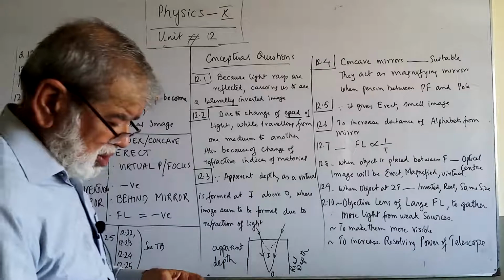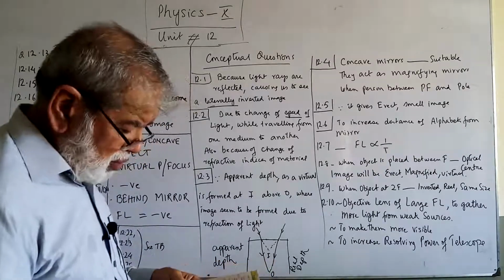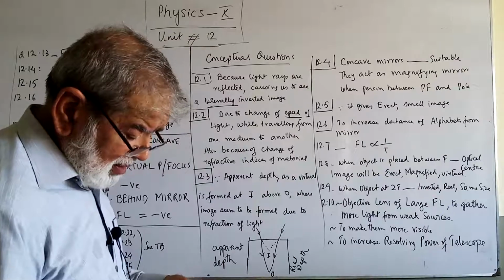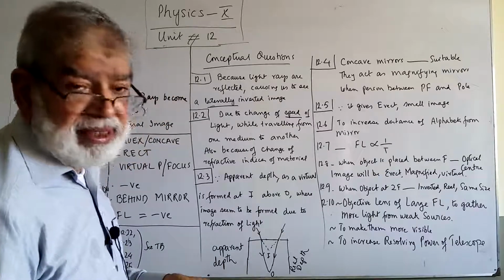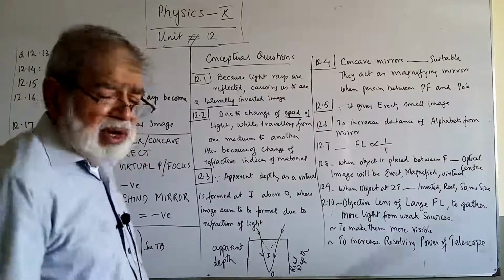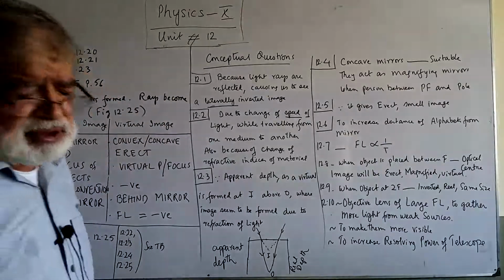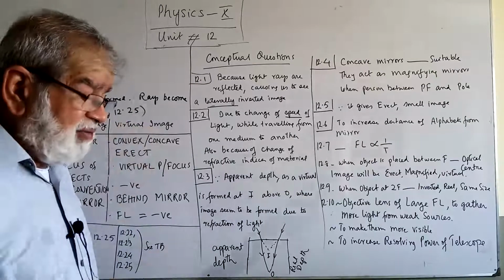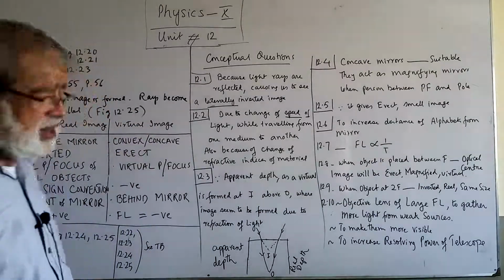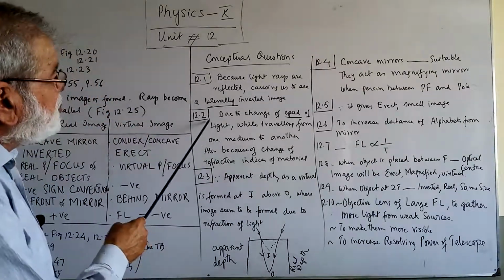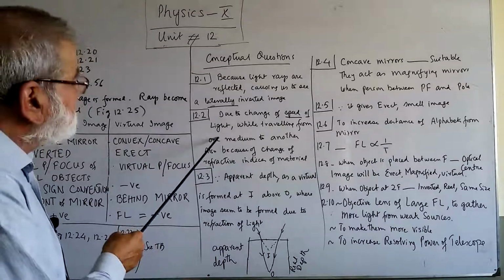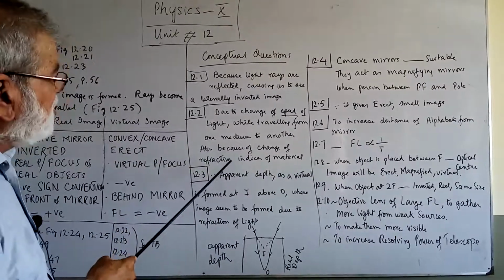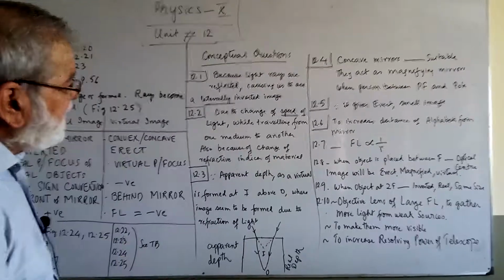The next question is 12.2. In your own words, explain why light waves are refracted at the boundary between two materials. Now this says, why does the phenomenon of refraction take place at the boundary of two materials? This is due to the change of speed of light while traveling from one medium to another, also because of the change of refractive indices of the material.